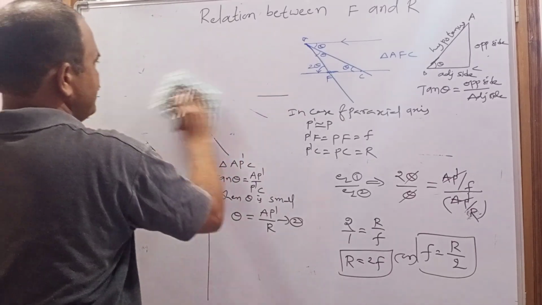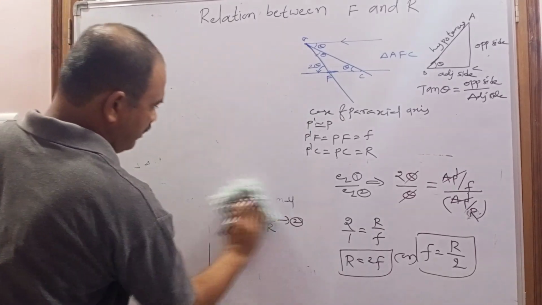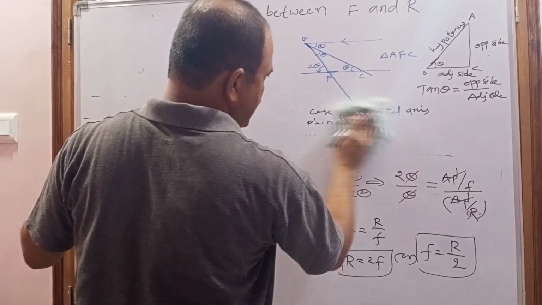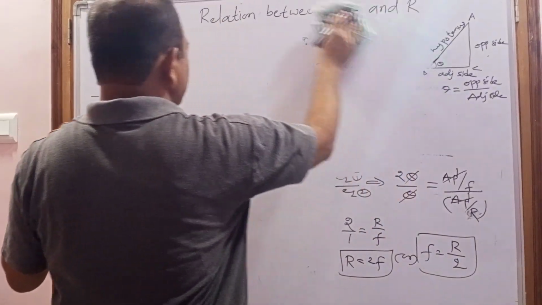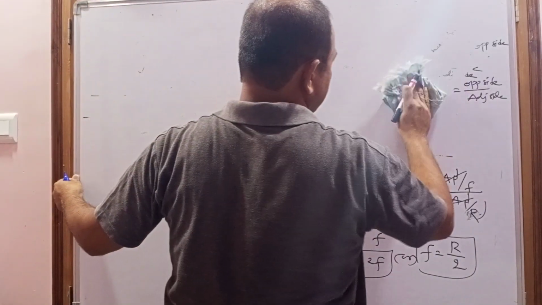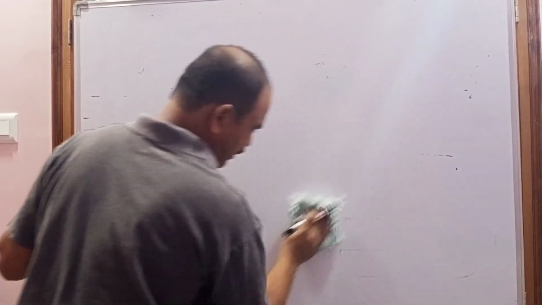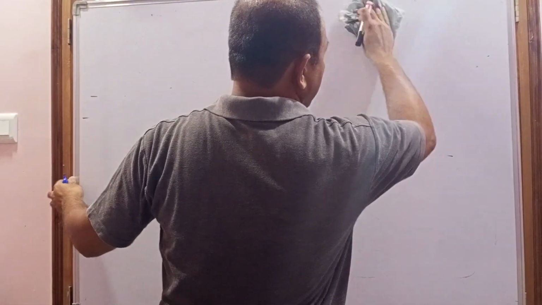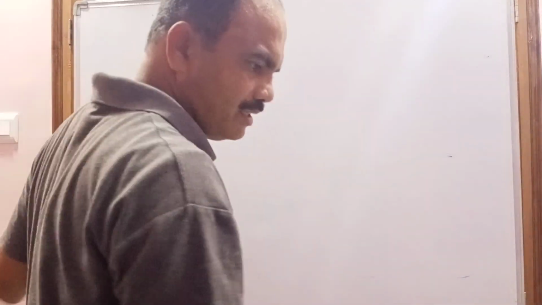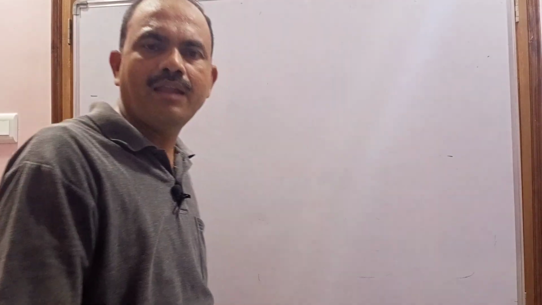Now come to the sign convention followed in mirrors. Which type of mirrors? Spherical mirrors. What is a convention? For example, when we are walking on the road, we follow a convention. Which convention? We always walk on which side? Left side.